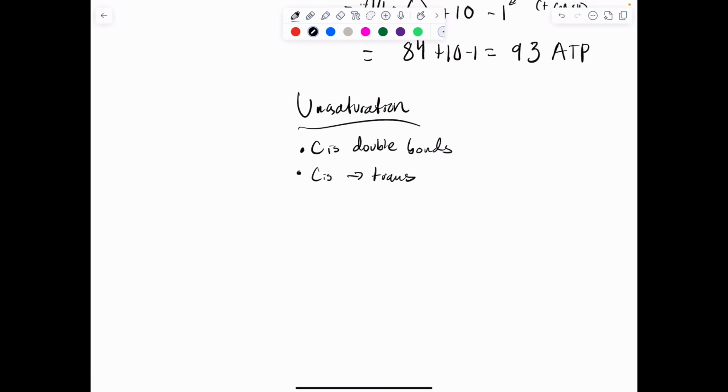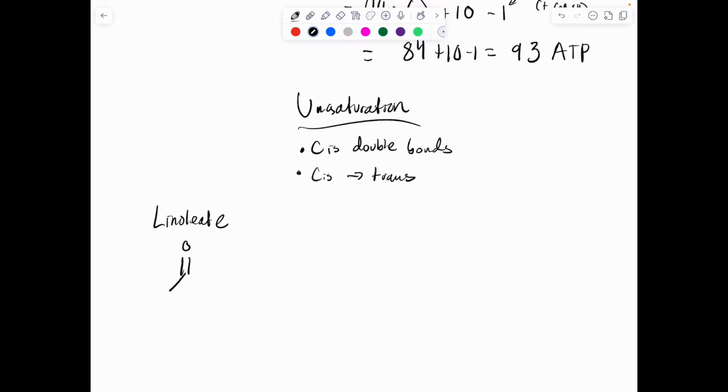And so we're going to start off and we're just going to use linoleate, which is what is in lecture right now. Give me a quick second to draw it.